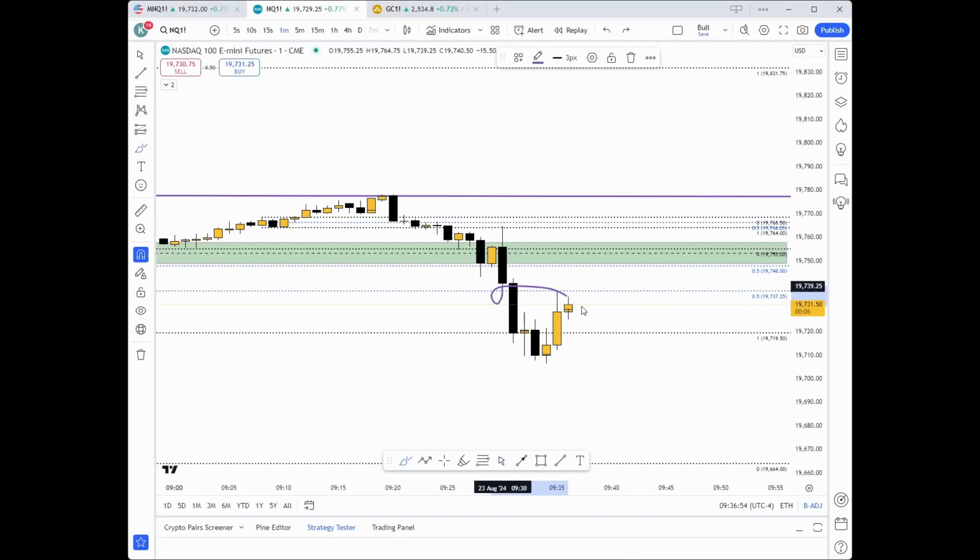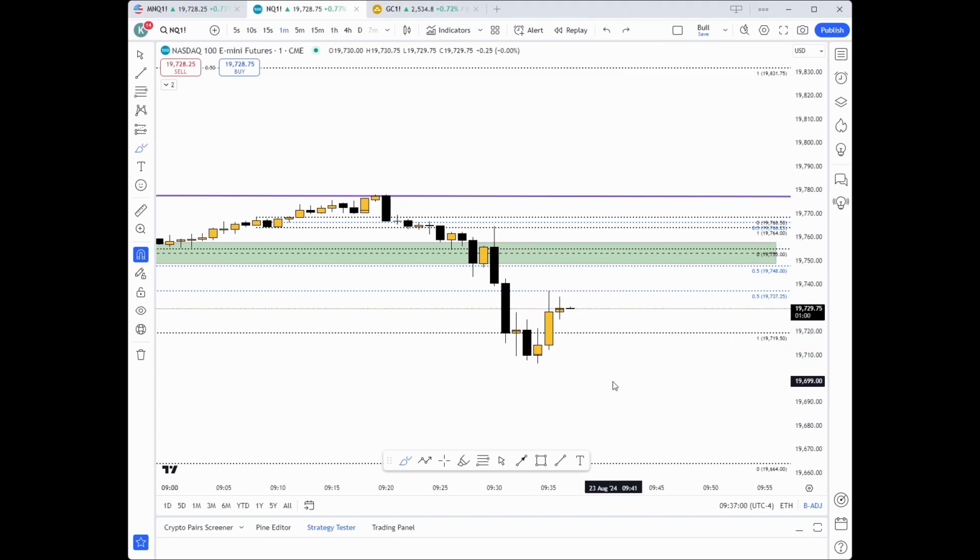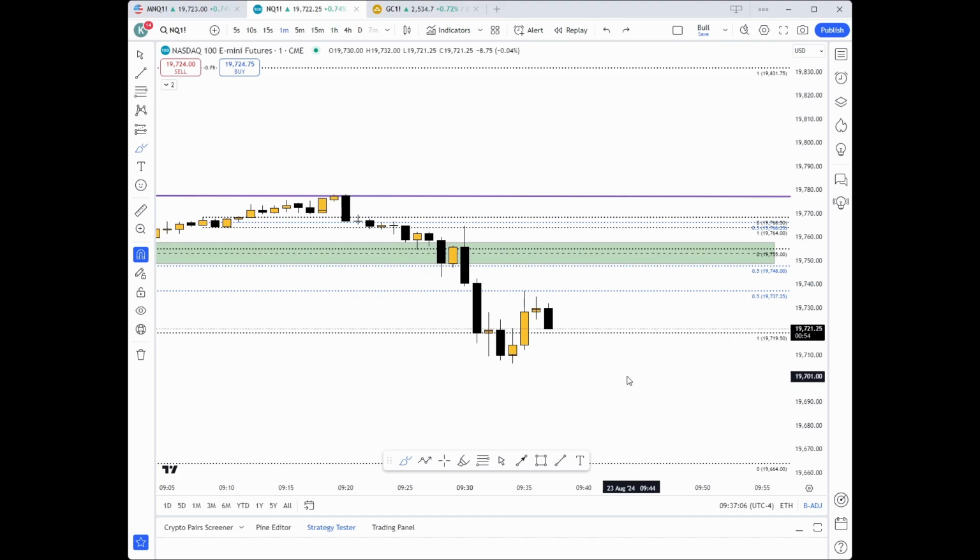what I typically don't like about imbalance trading is when it takes that long. I like it to have unfinished business and go. Now there's two imbalances here, right? So that shows eagerness, but that's also at 9:30. So all eyes are on this area here, specifically this fractal.